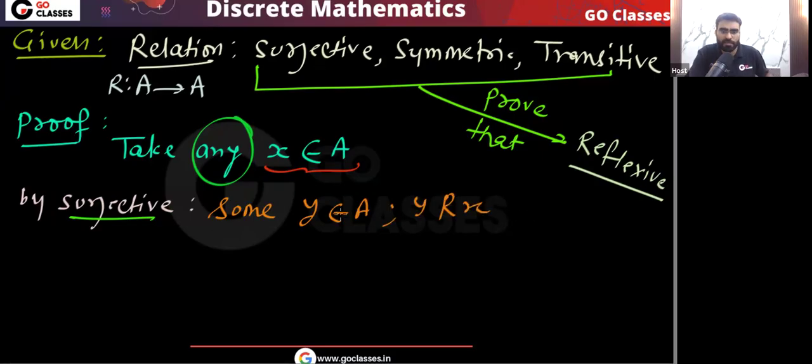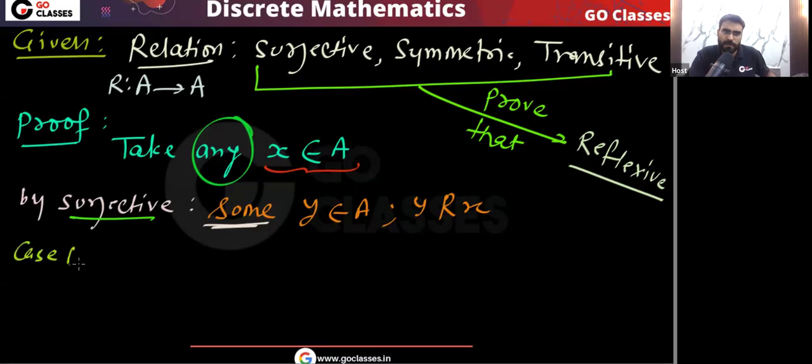Now you tell me one thing. If this Y is equal to X, then we are done. Agree with me? Because we want to prove that this relation is reflexive. You take any element of your choice in the base set. For surjective, there will be some Y such that Y is related to X. Now there are two cases.